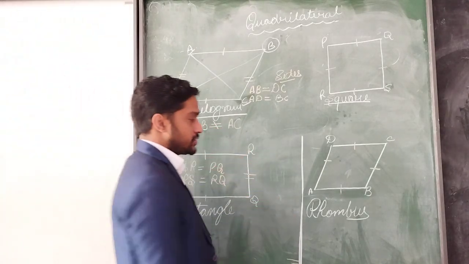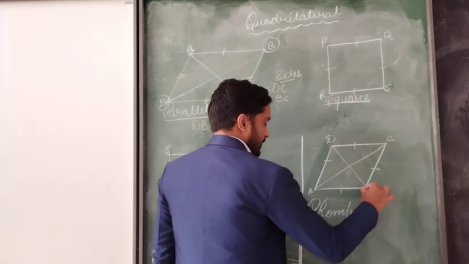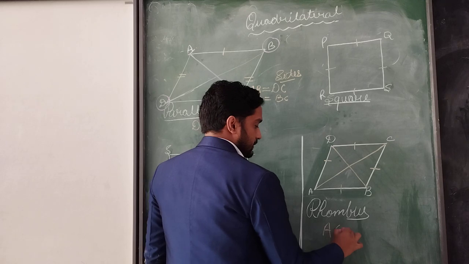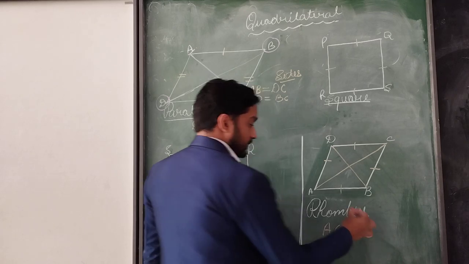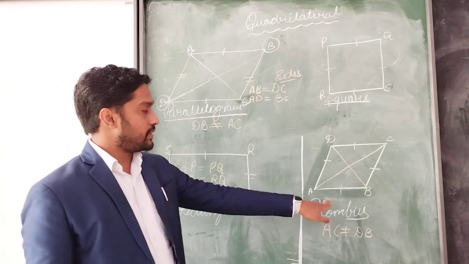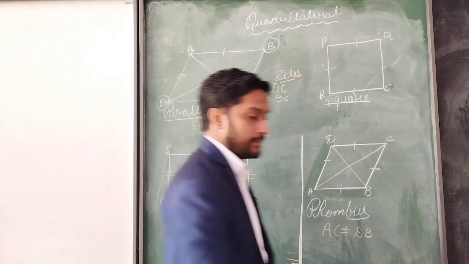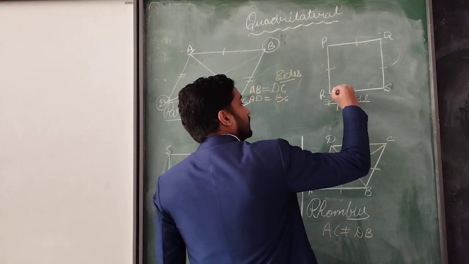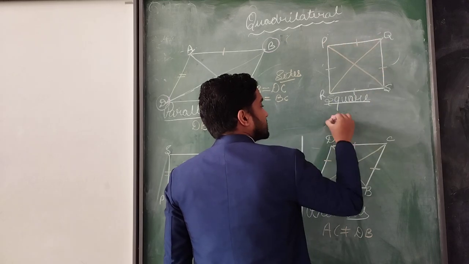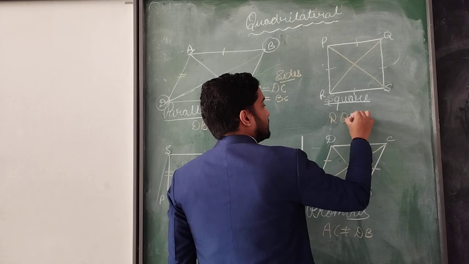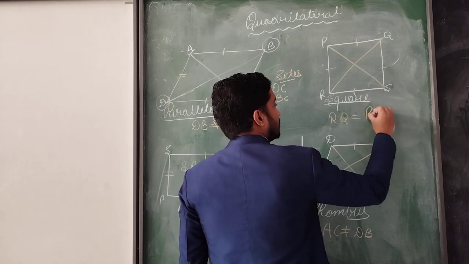In the same way in a rhombus also, the diagonals are not equal. But in the case of rectangle and square, the diagonals are equal.